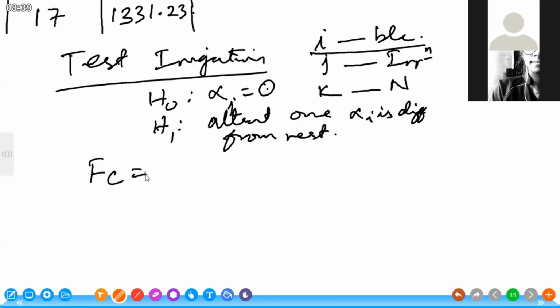Now that is my null hypothesis. My calculated value, we said 11 point something. What is that? 11.17. Now, what is the table value? Look at the table value for this.